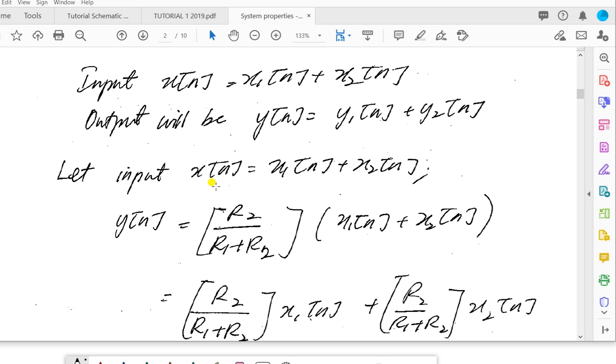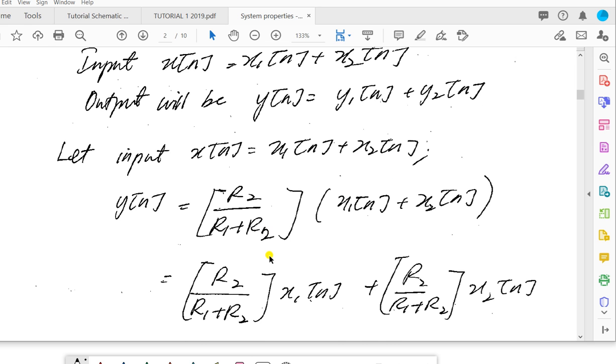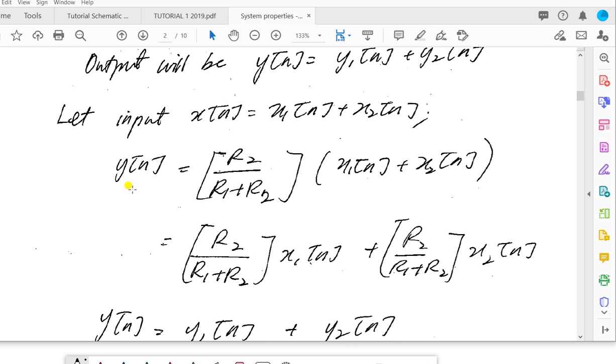You simply write x[n] equals blah blah blah, all these methods, but I'm not sure whether you know what you are doing or not. So you have to tell a little story. So let input x[n] equal x1[n] plus x2[n]. Then you substitute into the system.